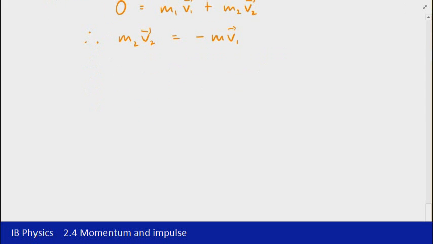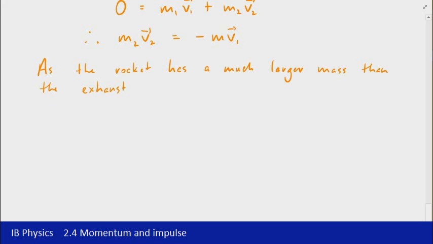Another point to note here: the rocket itself has a much larger mass than the exhaust gases. Given that the two momentums are equal, the larger mass has to be balanced out by the velocities in order for the momentums to be equal.